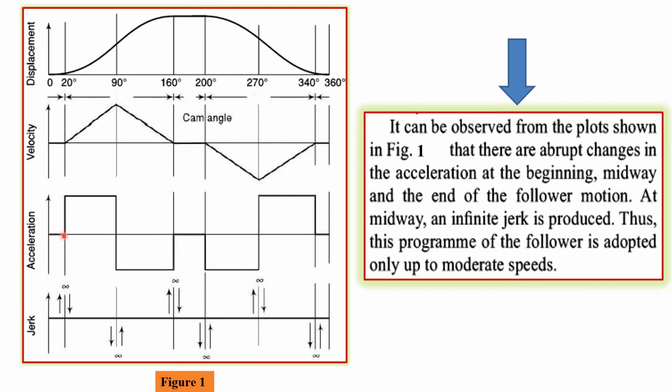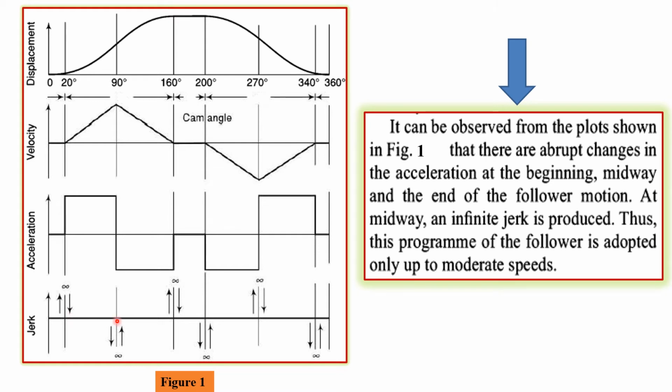So we observe that at this particular point, the acceleration jumps from a value of 0 to a finite value within no time interval. So delta t is basically 0 here. That's why it produces infinite jerk at theta equal to 0 degree, which is basically the moment from where the follower gets lifted up. So when theta is 0, when the cam has just started rotating and the follower is getting lifted up, the infinite jerk is produced.